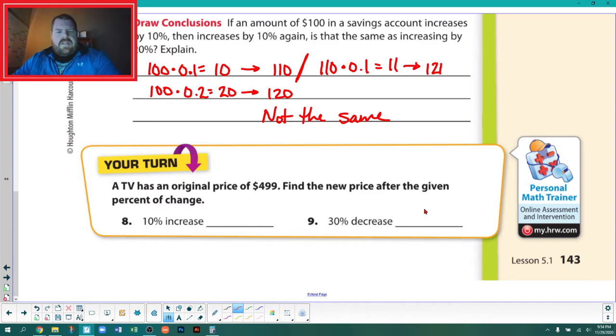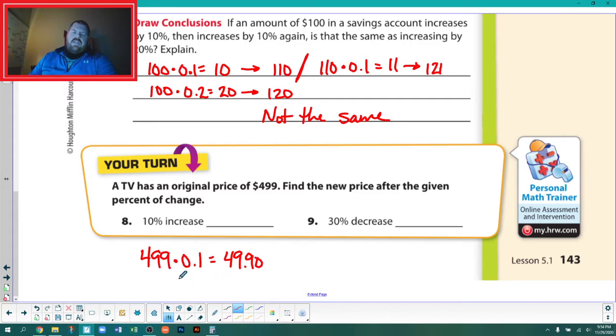This one here says a TV has an original price of $499. Find the new price after a given percent change. So let's say that something happens and maybe a sale ended, and we want to increase that price by 10%. What's that going to look like? Well, we're going to take our $499, multiply it by 10%. That's $49.90.